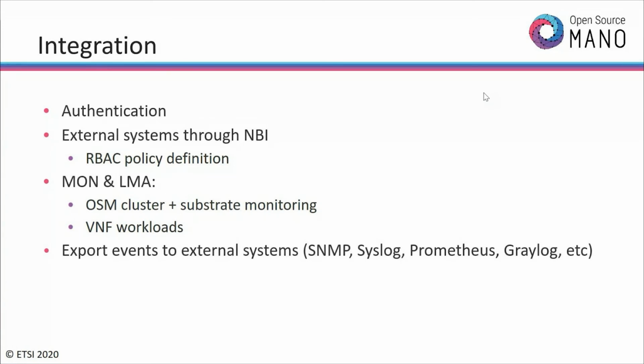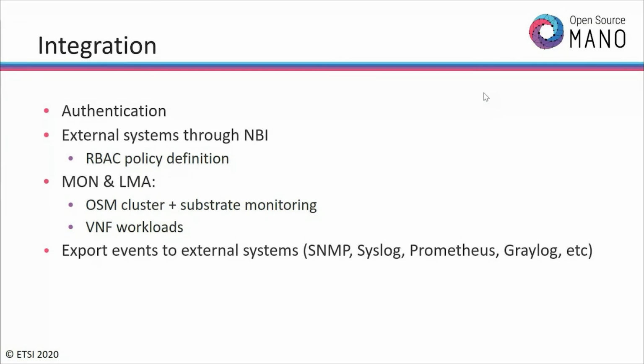Then there's the integration with MON and LMA stacks, so logging, monitoring, and alerting stacks. Here we can have monitoring of the OSM cluster itself or the underlying substrates. We can have the upstream charms and Kubernetes charms to integrate with a standard LMA stack, and the upstream charms can help monitor both OSM and the substrate.